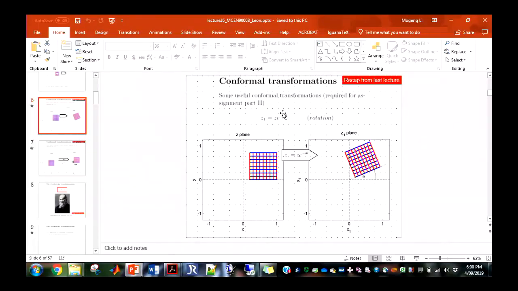But if the flow is coming this way, there's no lift at all. On the other hand, for a symmetric airfoil, if the flow is coming this way, there's no lift. If the flow is coming this way, it has a negative lift. Okay. So there's this angle beta that changes the total angle of attack.